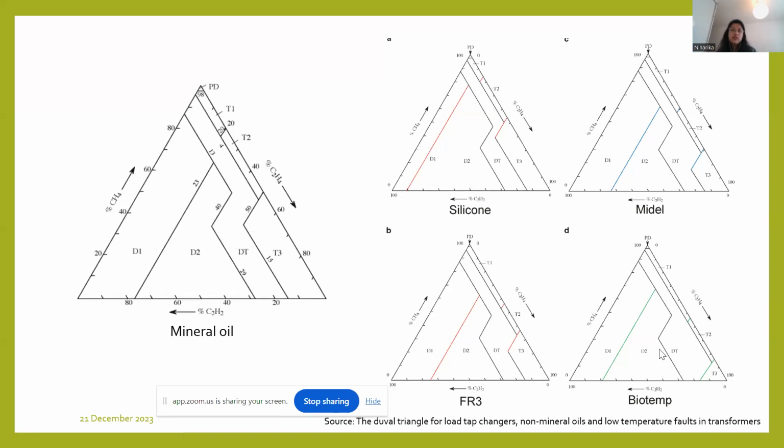This may be because of the chemical structure, the molecular structure of the oil. The middle one is, I think, rapeseed oil, then FR3 soybean oil, and Biotemp is also a different type of oil. All these things change when we are using different types of oil. Accordingly, we need to consider the triangle which is relevant to us, to have a fair comparison.